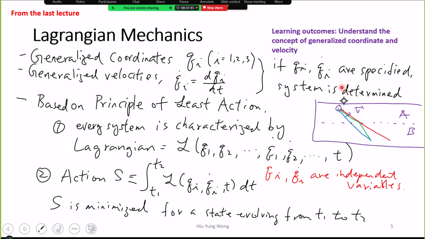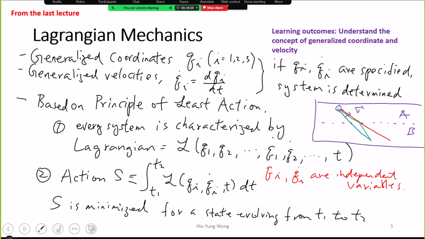So in a system, if you have the coordinates and velocity specified for each of the coordinates, be careful: when we say each of the coordinates, it doesn't only mean x, y, z, it means the x, y, z of each particle. For example, if I have two particles, to know how the system behaves, I need to know the x, y, z for each particle.